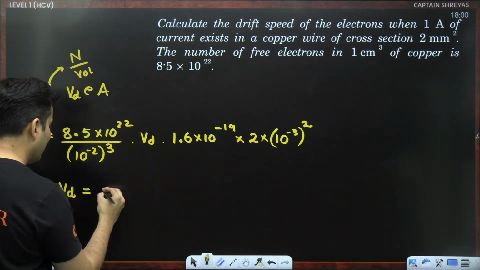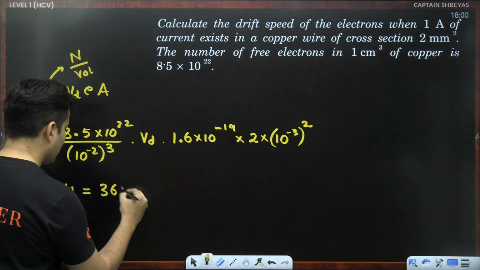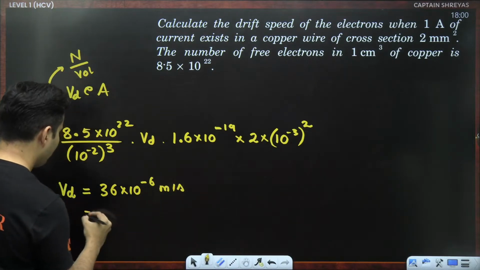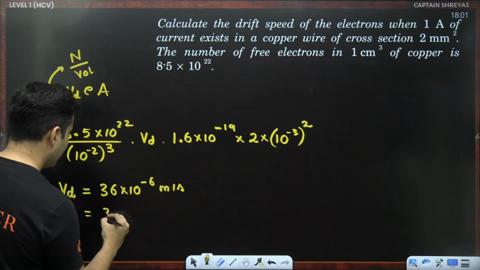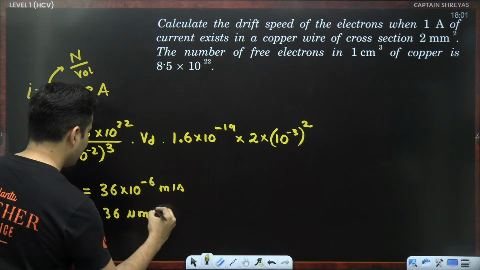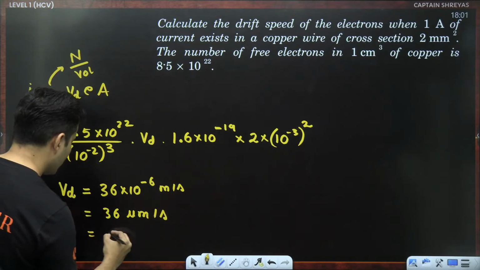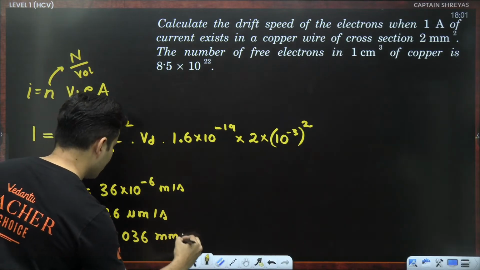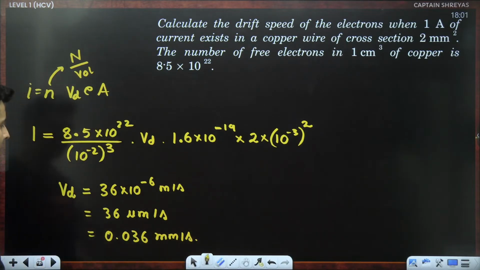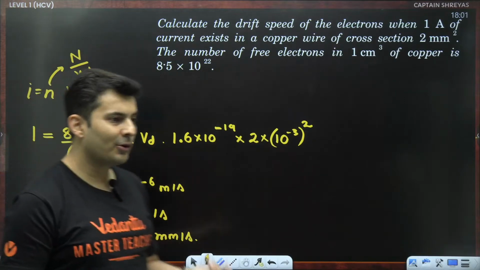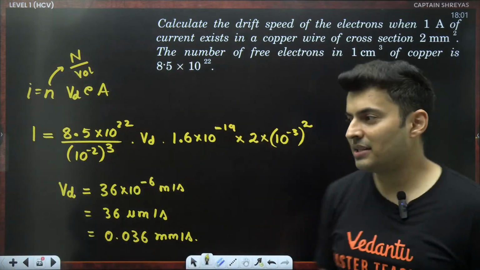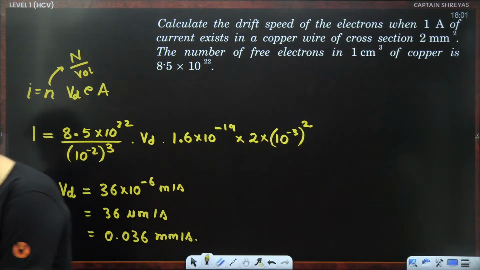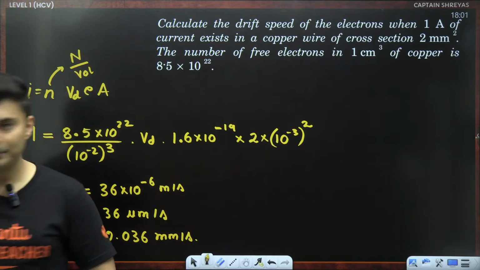So it will be like 36 into 10 to the power minus 6 meters per second, which is basically 36 micrometers per second, which is also 0.036 millimeters per second. Like I said, drift speeds are typically in the range of micrometers to millimeters per second. So that's how you calculate it. Is that right, everyone? Shall we go ahead?